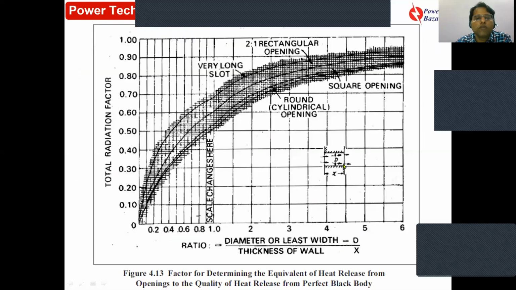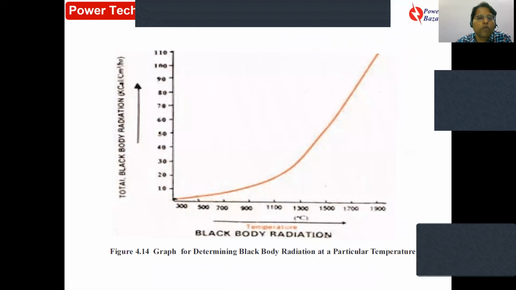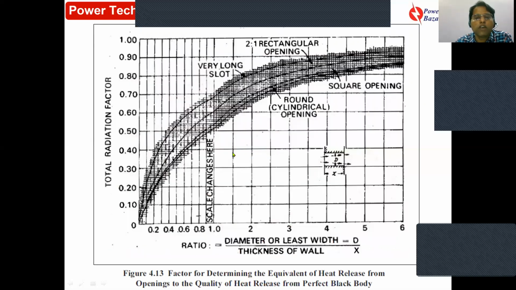How can we get this? We can get it from figure 4.14. So this is 1340. If I touch here, it comes to something like 35, 36. So this is the black body radiation curve. By measuring the temperature, I can find out the kilocalorie or heat loss per cm square per hour, from one unit surface area.